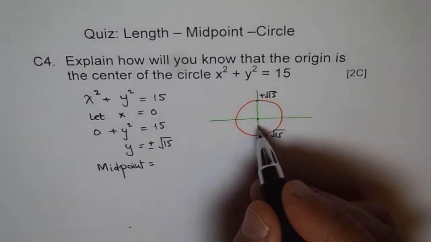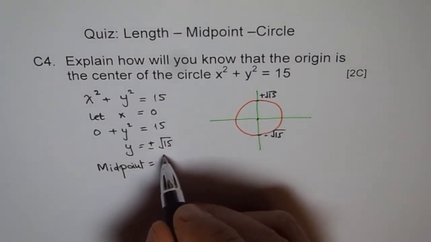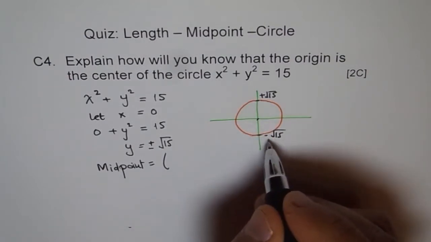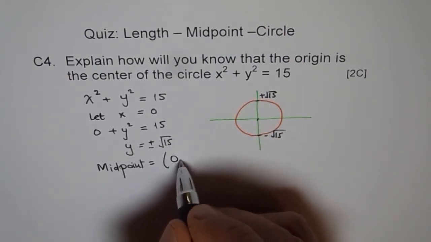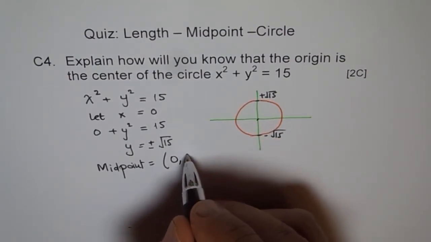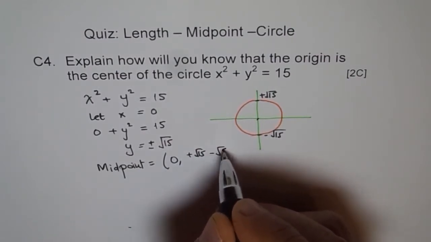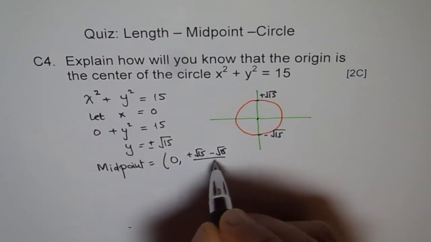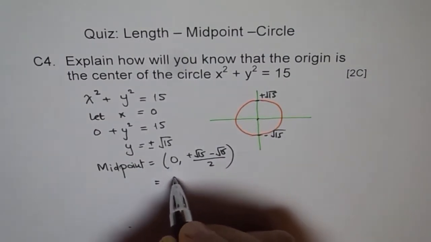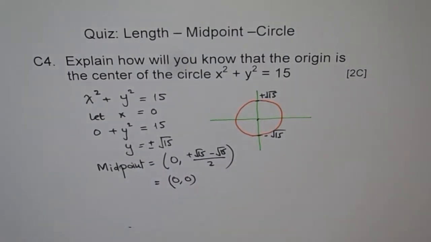X values are 0, so x is 0 plus 0 divided by 2, which is 0. And y values are plus square root 15 minus square root 15 divided by 2. So we get the midpoint as 0, 0, correct? Now that is the midpoint. So we say this is our center of the circle, right?